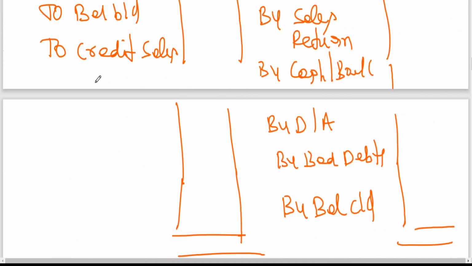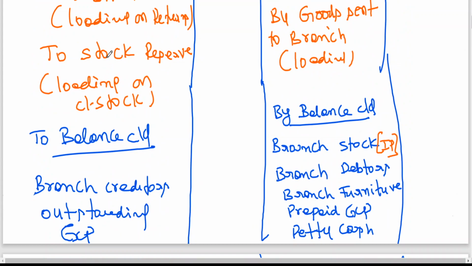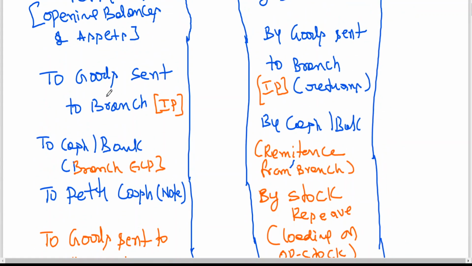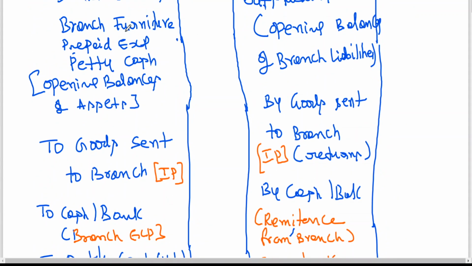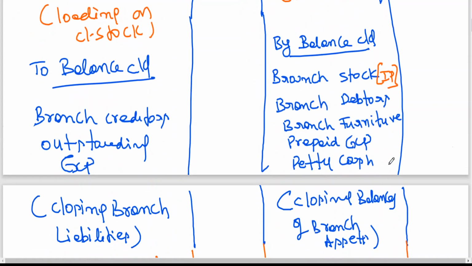Because the difference between the asset account opening balance and closing balance will be taken care of by the branch account, as I have written: opening balance of furniture, closing balance of furniture. Everything will be taken care of by that particular branch account. Purchase and sale of fixed assets.